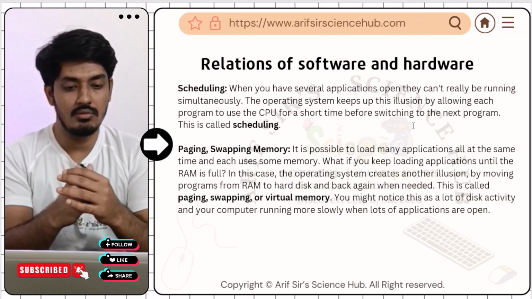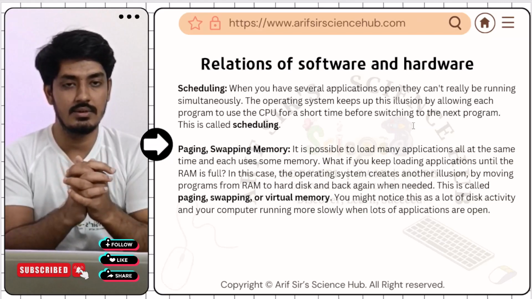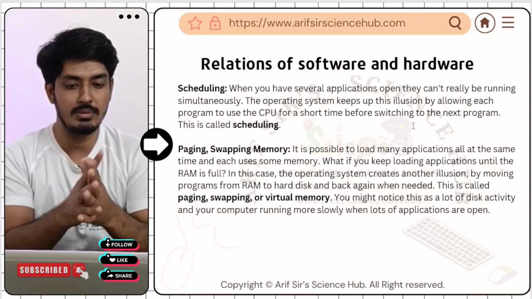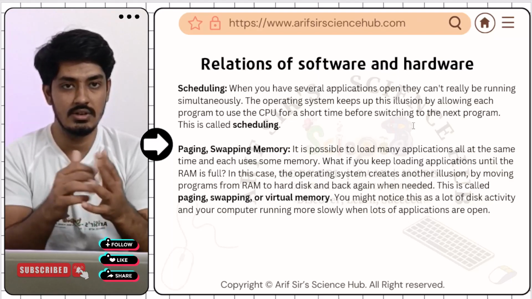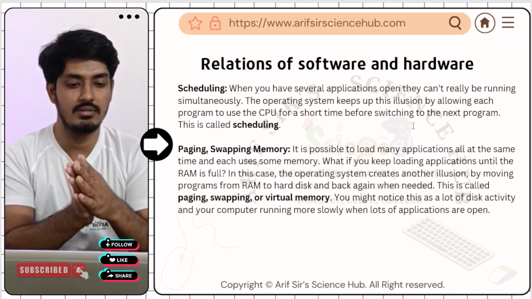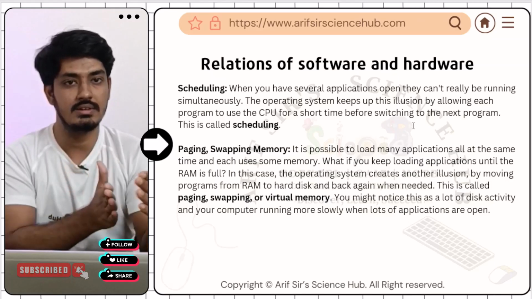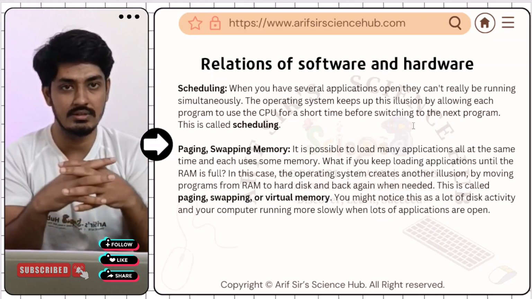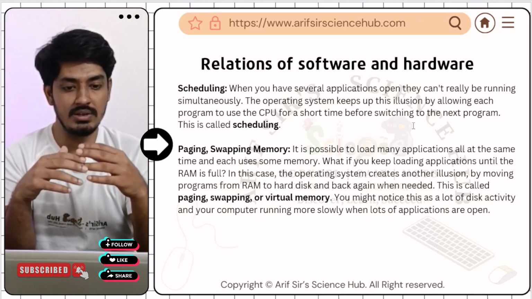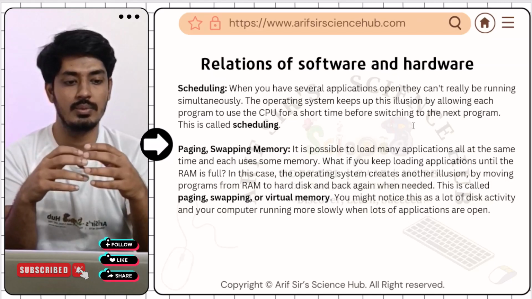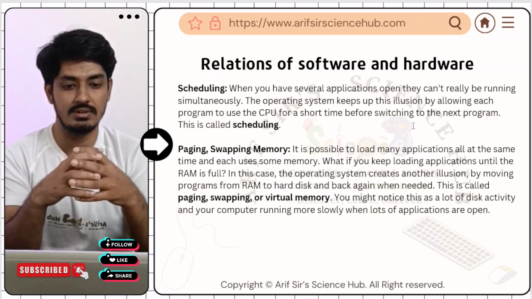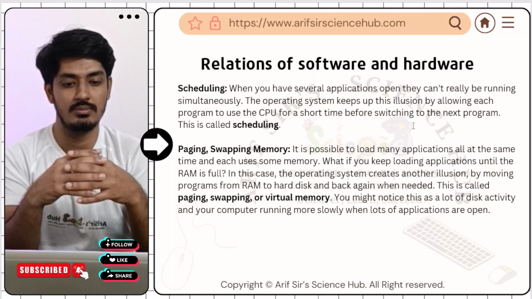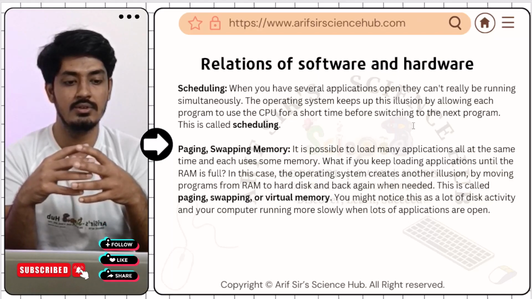And we have several terms for these software and hardware components: scheduling, paging, and swapping memory. Scheduling means, we know that our CPU processes the instructions one by one through the fetch-decode-execute cycle. When you have several applications open, they appear to be running simultaneously. The operating system keeps up this illusion by giving each program access to the CPU for a short time before switching to the next program.